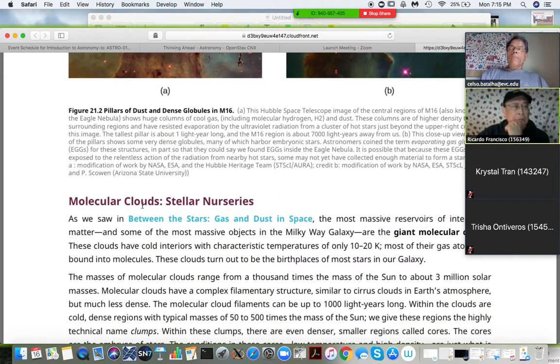So the galaxy has thousands of molecular clouds or giant molecular clouds. They are similar to what we have in our atmosphere as far as air mass. You have these gigantic systems of air mass that move from the polar to the equator.